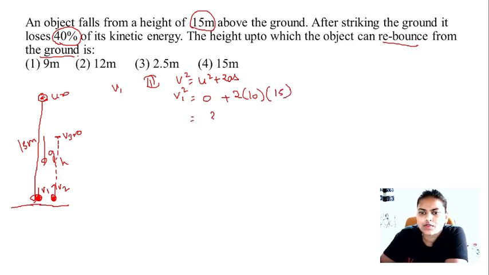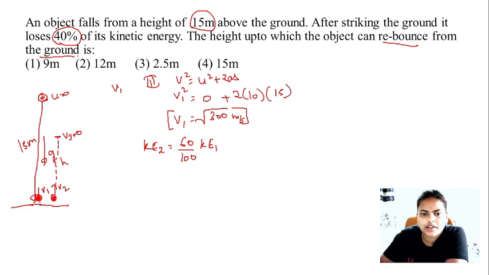So in this case it would be 300. This is v1, root of 300 meter per second.